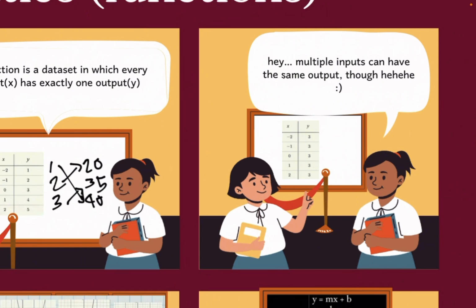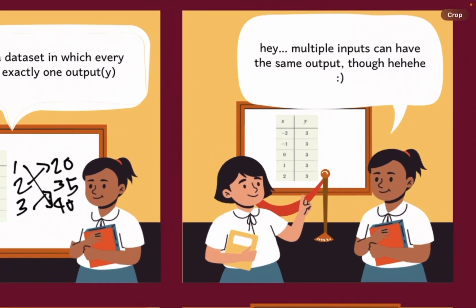So for example, x equals 1, y equals 20, and then x equals 2, y equals 20. This is still a valid function because each x has only one y, even if multiple x lead to the same y.